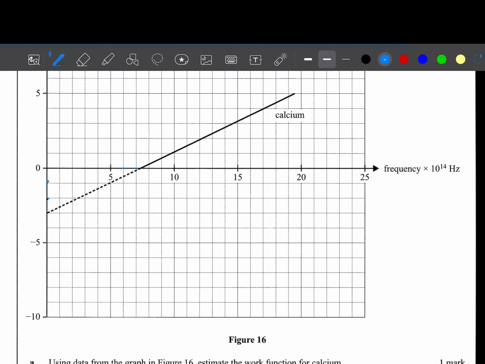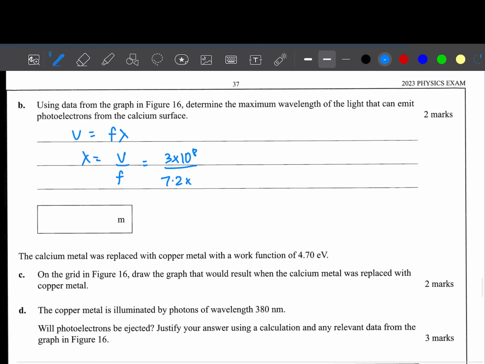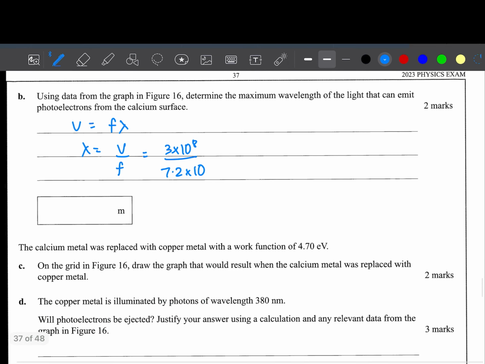So 1, 2, so 7 and a bit, so I must say 7.2 times 10 to the 14 hertz. So that is going to give us 3 times 10 to the power of 8 over 7.2 times 10 to the power of 14. And that gives us an answer of 4.17 times 10 to the power of negative 7 meters.